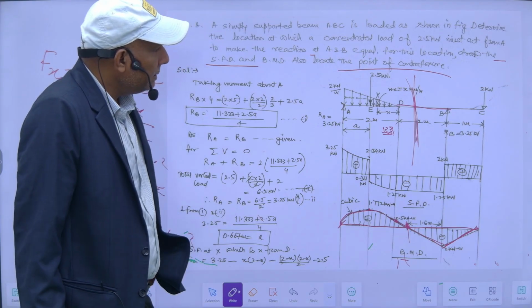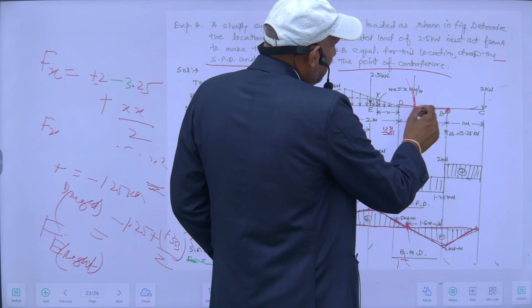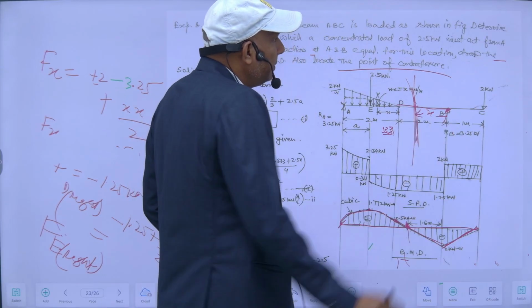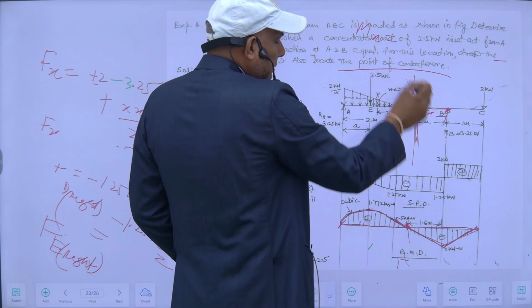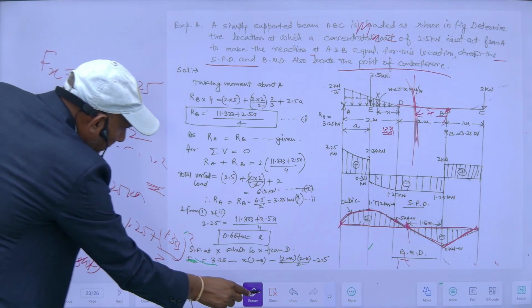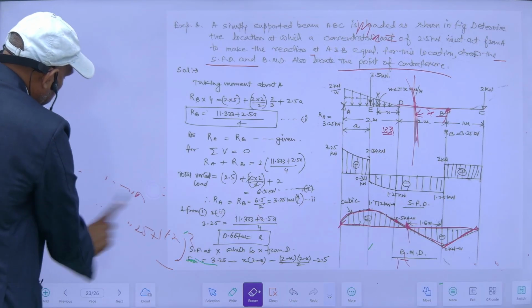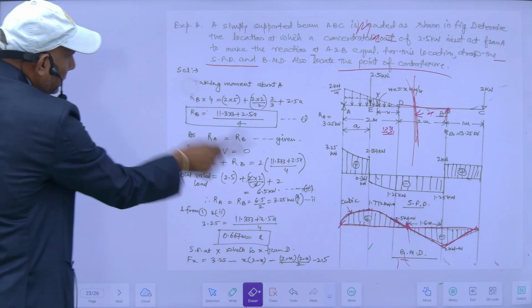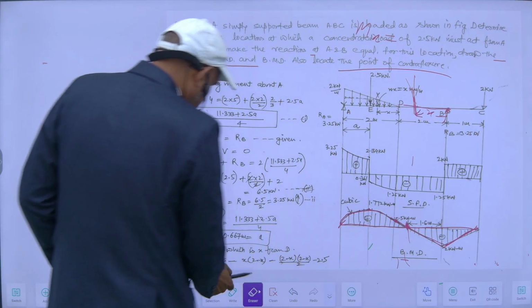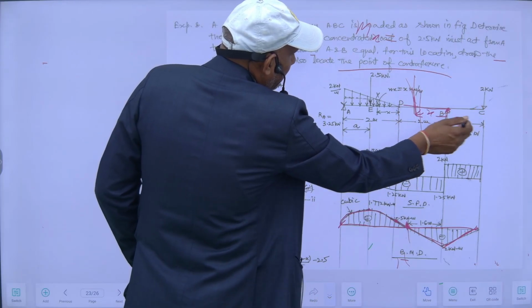So if I want to know my bending moment from this, suppose this is x, then the bending moment at Mx will be equal to 2 into 1 plus x.